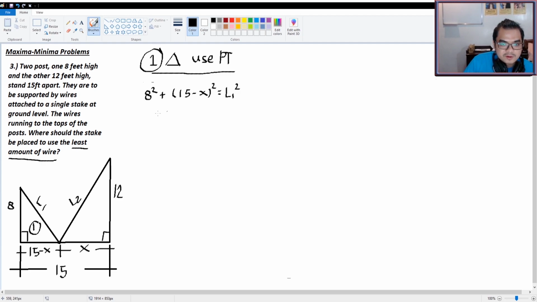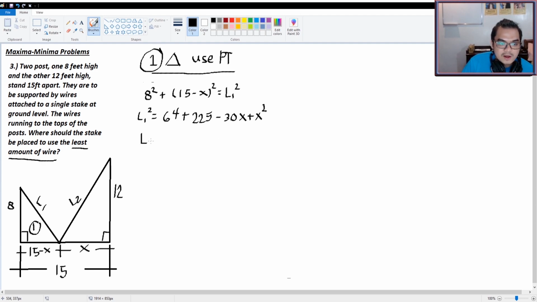Let's try to expand this one. I'll just write L1 squared first, then 8 squared is 64, plus 15 minus x squared: 15 squared is 225, minus 15 times x times 2, so that's 30x, plus x squared.